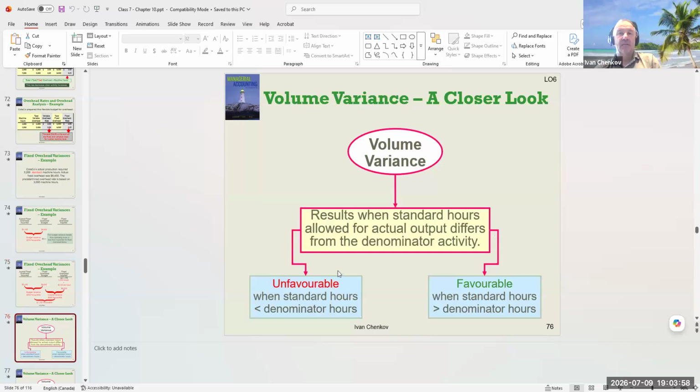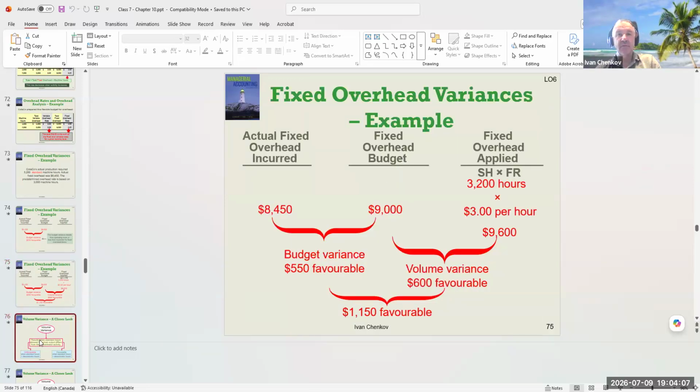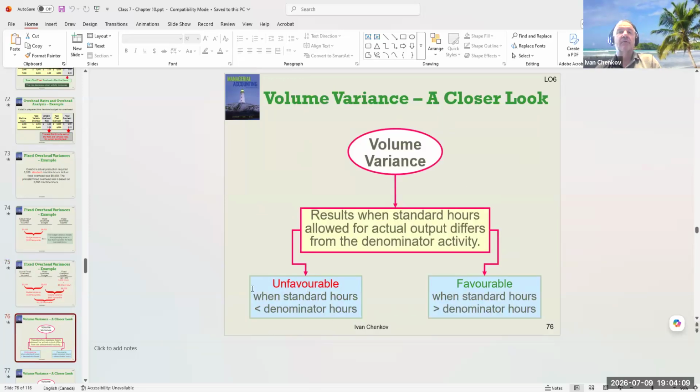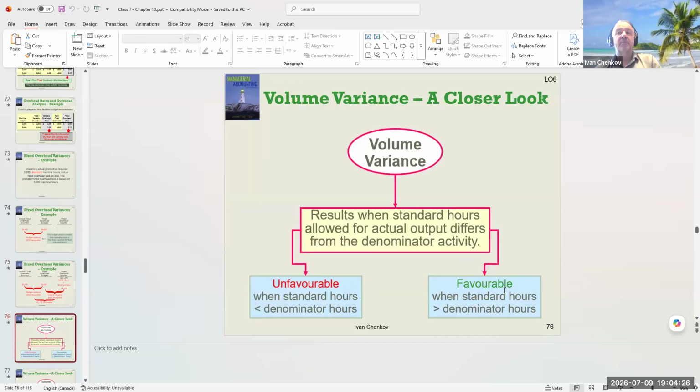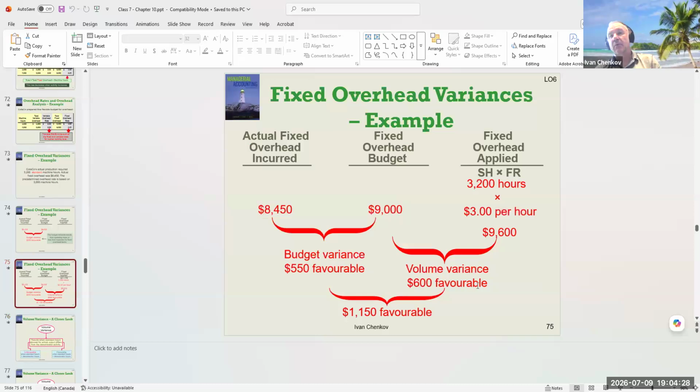So again, when the standard hours are less than the denominator hours, which are used to calculate our budget, then we're going to have an unfavorable variance. When the standard hours are more than the denominator hours, which are used to calculate our budget, we're going to have a favorable variance, which is our case.